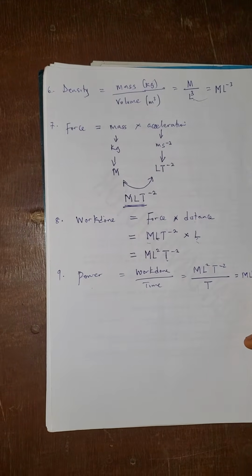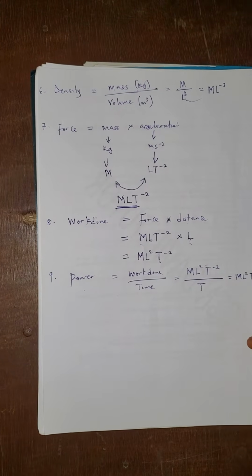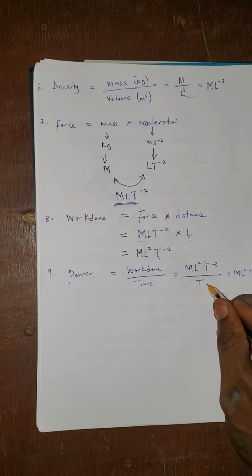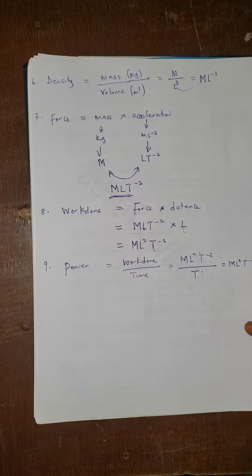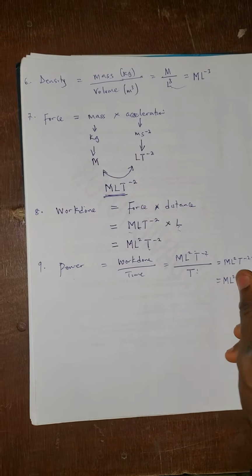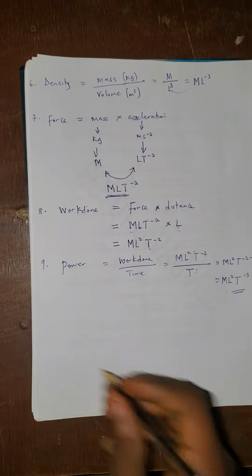We have M L squared, then T raised to minus 2 here. Then if this T at the denominator has the power of 1, if it goes up, it becomes minus 1. So finally we have M L squared T raised to minus 3. So that is the dimension for the power.